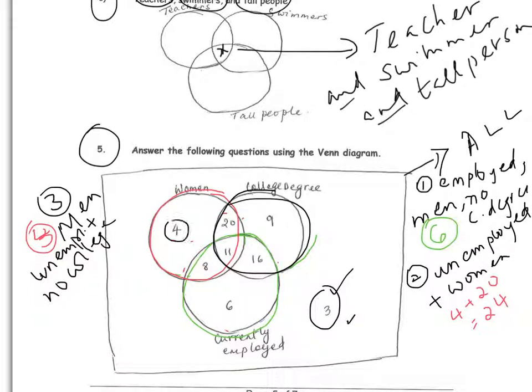We need to add the 4 plus 20 plus 9 plus 16 plus 11 plus 8 plus 16. If we add all the numbers that we see inside the rectangle, we should get 77. So that's the total number of people that were at this conference.